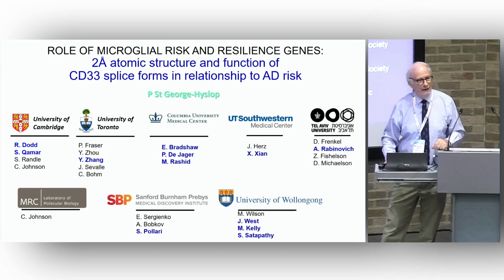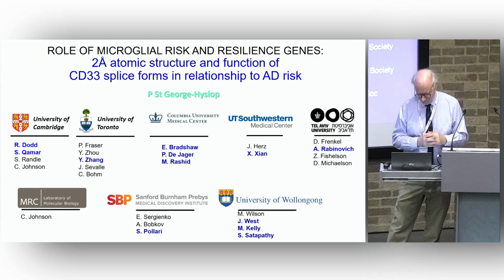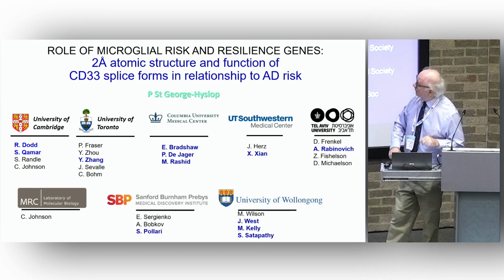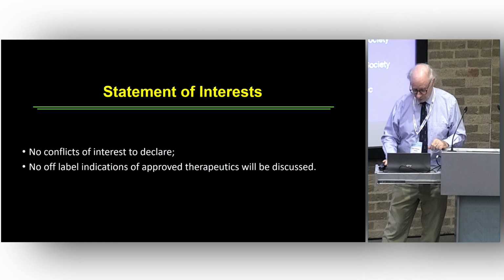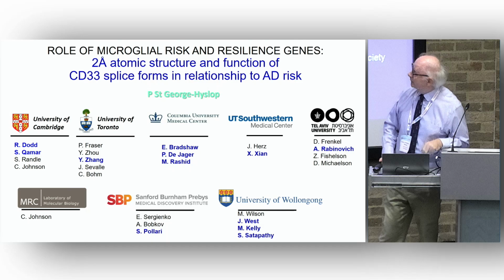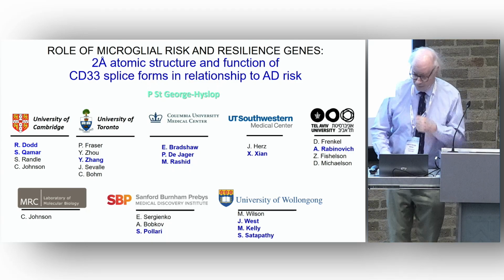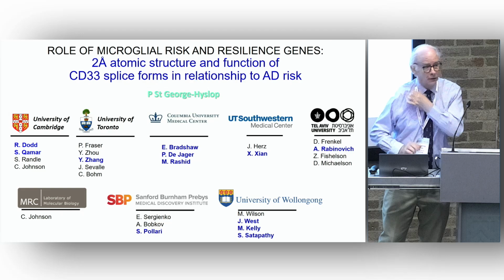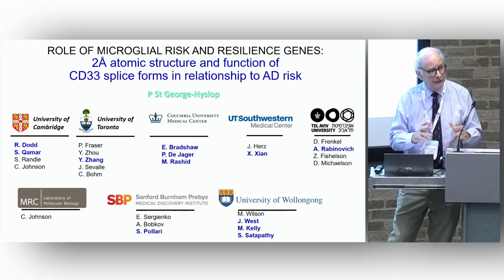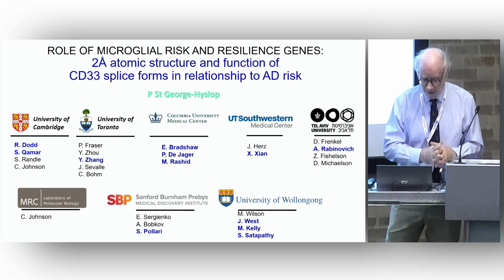And what he asked for is this emergency discussion today on some of the work that we've been doing, and perhaps we can have my slides up, please. Good. Some of the work that we've been doing on risk genes that give either resilience or risk for Alzheimer's disease.